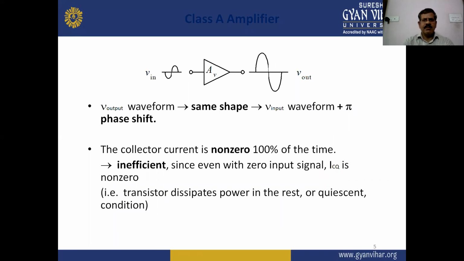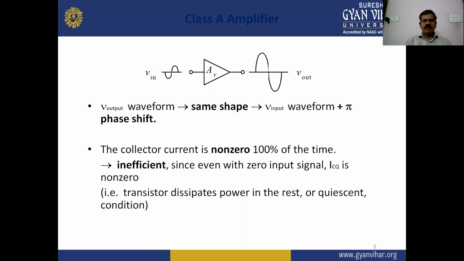In class A amplifiers, the output waveform is the same shape as the input waveform plus a pi phase shift. So in a class A amplifier, the collector current is non-zero 100% of the time.